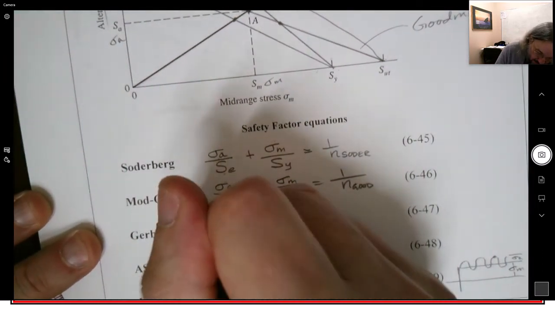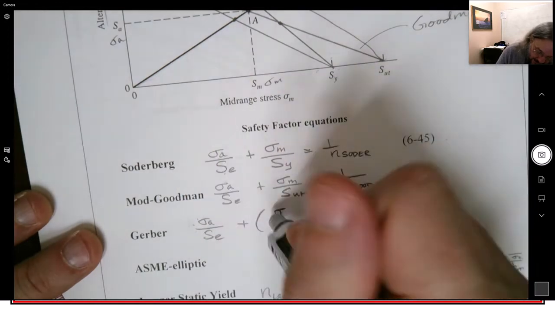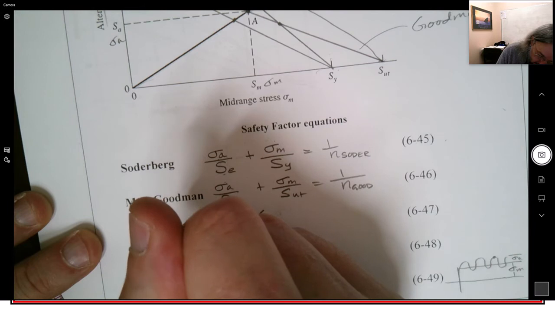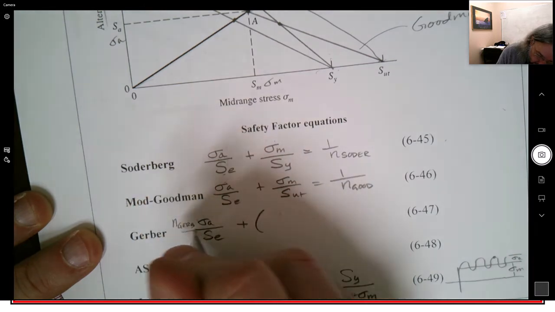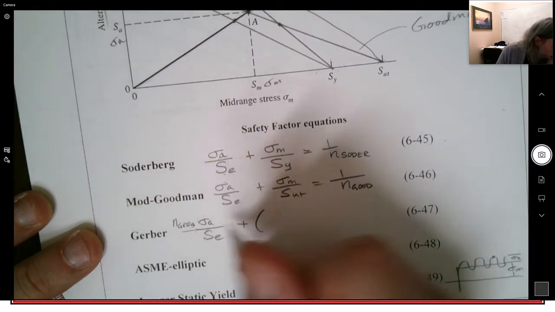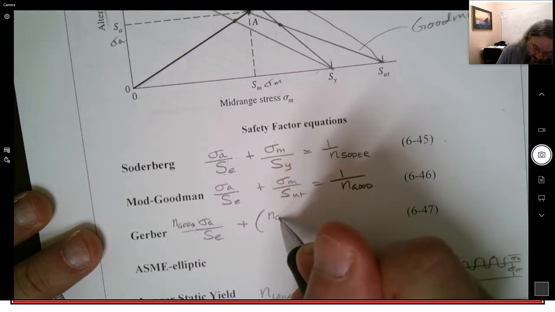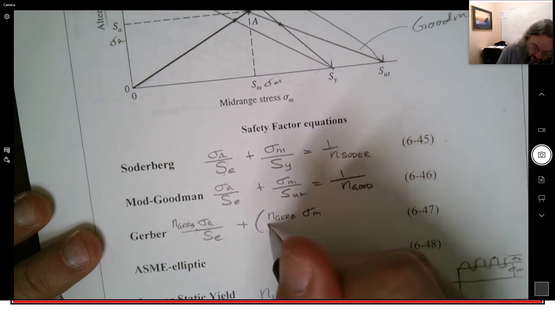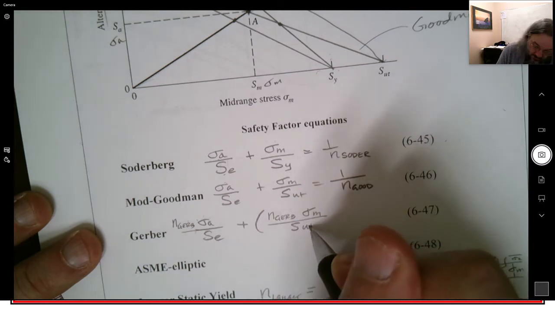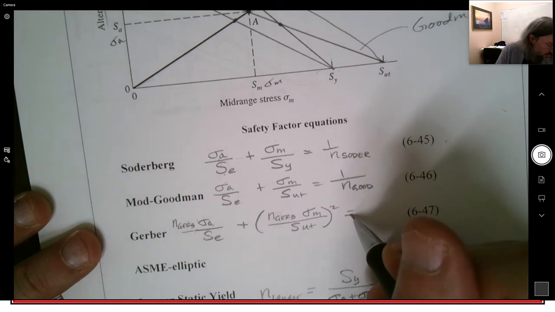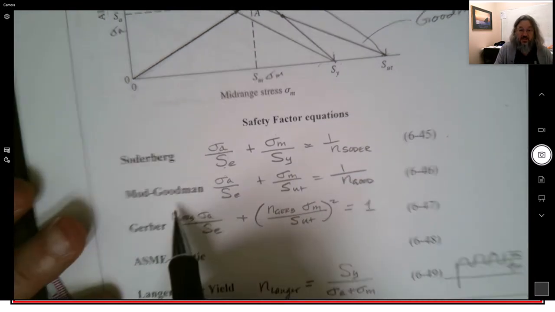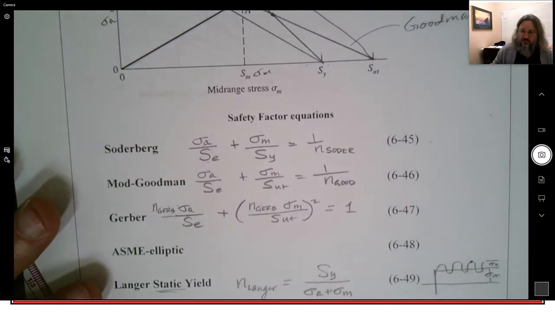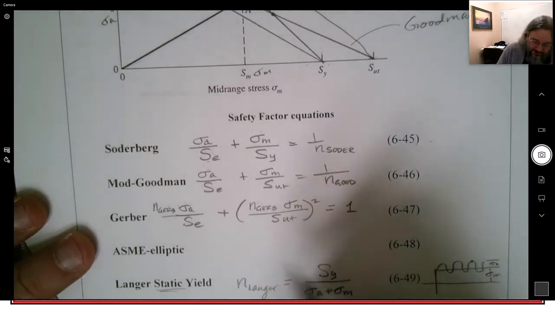If I'm going to be consistent, let's write N-Gerb times the alternating plus N-Gerb times the mid-range over the ultimate squared equals 1. And then you would need to use algebra to get the Gerber out. But don't worry, they've already done that for you. I'll show you where that is in the book.